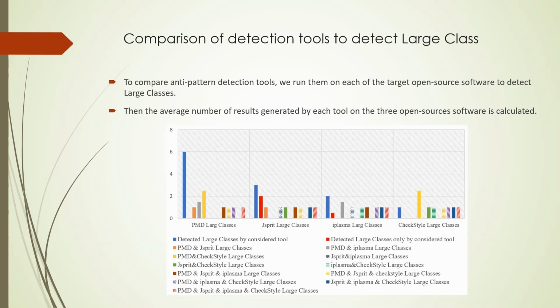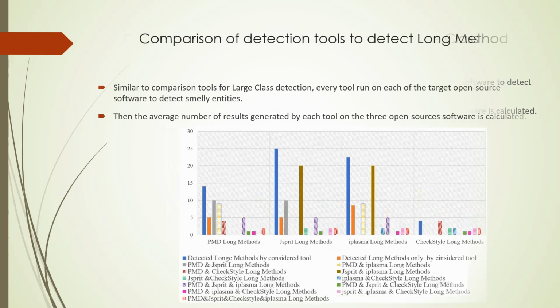In this chart, for example, PMD and JSPRIT large classes show the number of shared large classes in the results of these tools. In this chart, you can see the comparison of detection tools to detect long method. This is similar to the comparison of tools for large class. Every tool is run on each of the target open source software systems to detect smelly entities. Then the average number of results generated by each tool on the three open source systems is calculated.